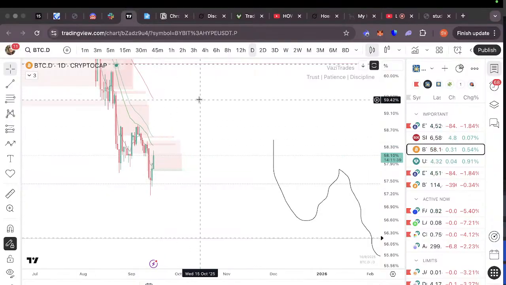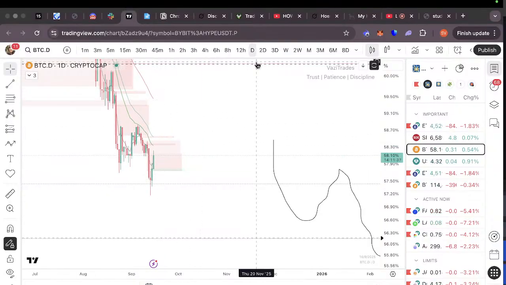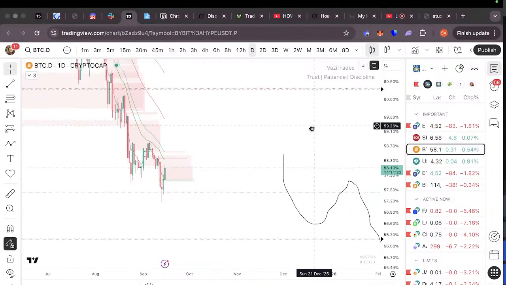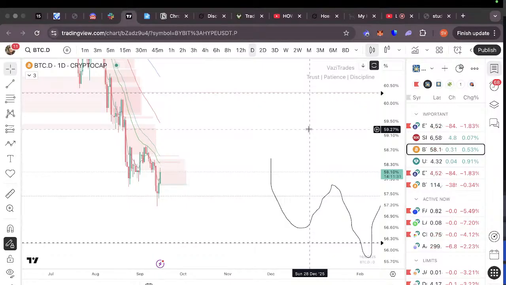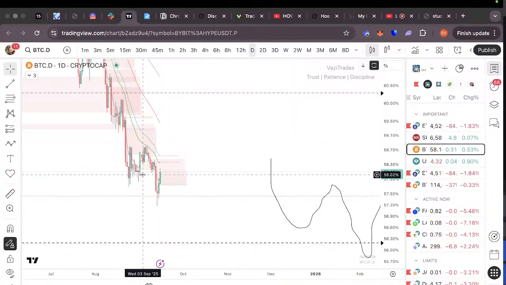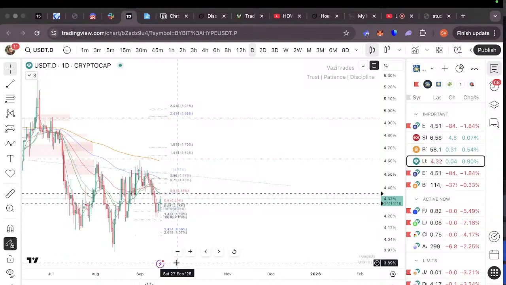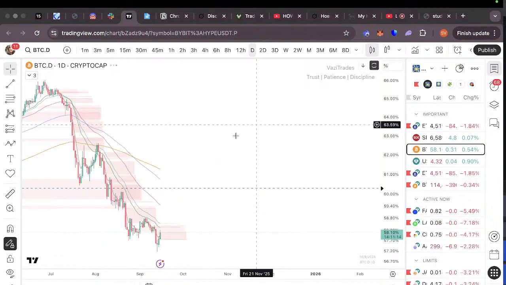Yeah, and that's why altcoins dropped so much. So when you do TA, when you check the market, pay attention where is Bitcoin dominance, pay attention where is USDT dominance, because if you see that Bitcoin dominance came to support, USDT dominance came to support, right?